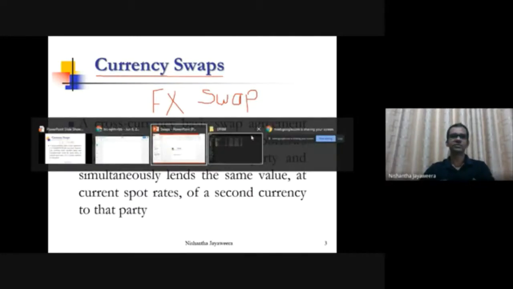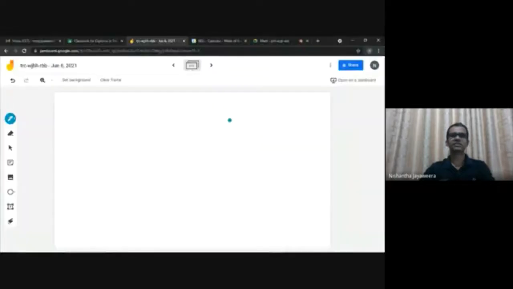Without going through the slides, I'll explain what a cross currency swap is.